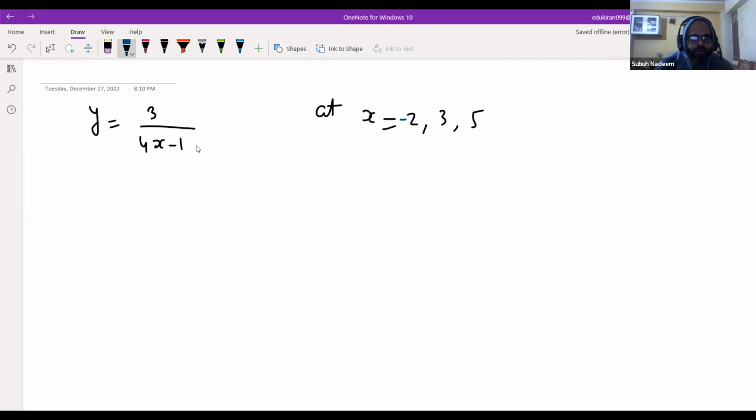Okay. So if you find the derivative here, first tell me what is y dash or f dash x basically.